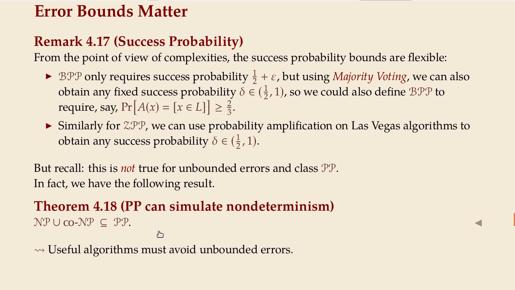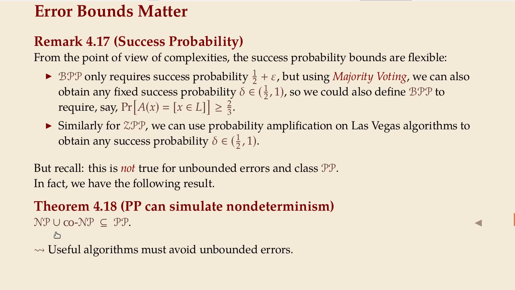And here's the second reason why unbounded error and bounded error are very different. This class PP contains all of NP and all of co-NP. So it's very unlikely that this one is the same as P, even though the names are kind of similar.